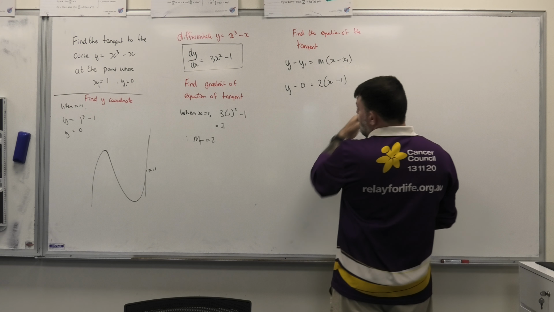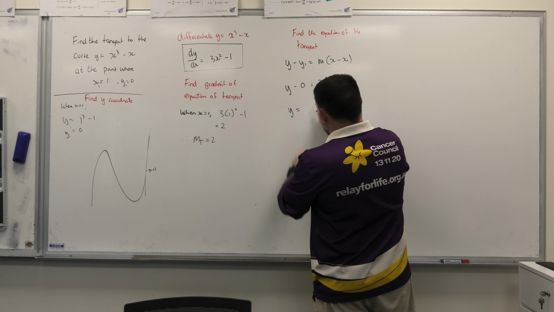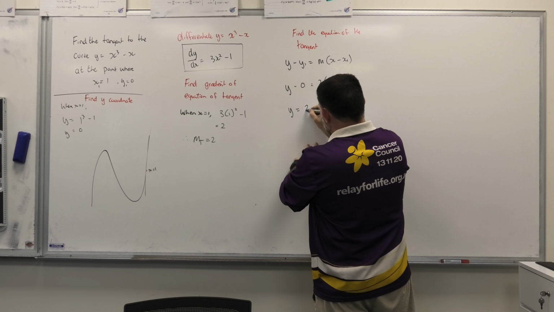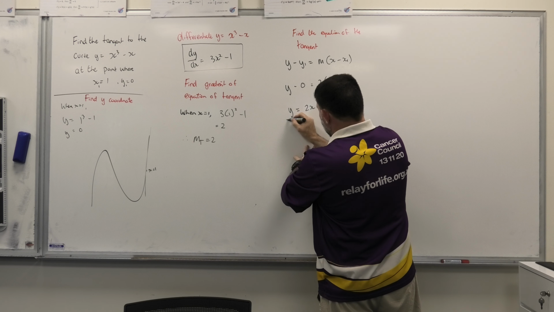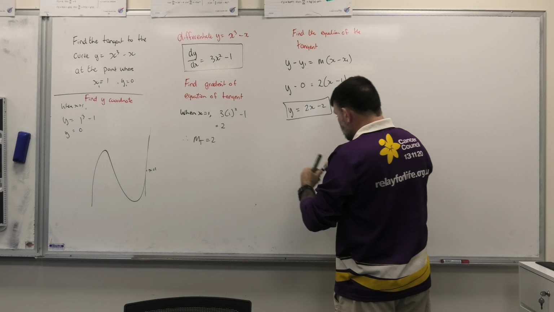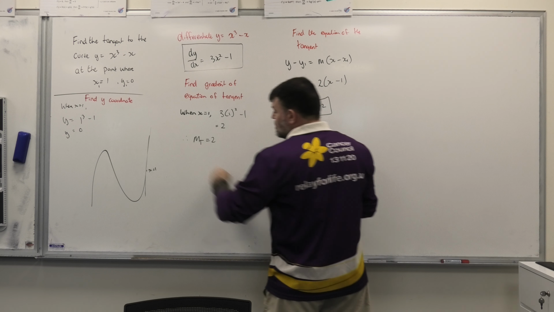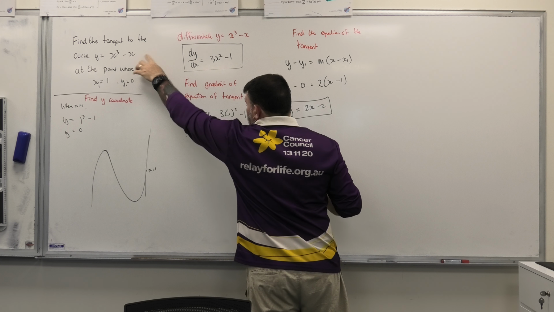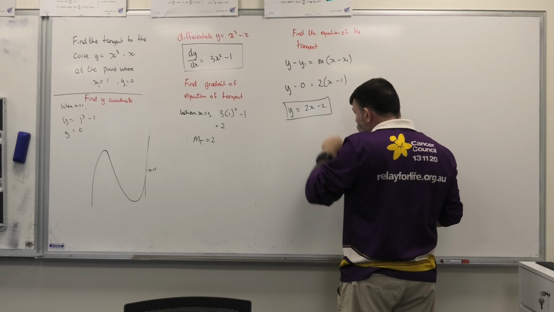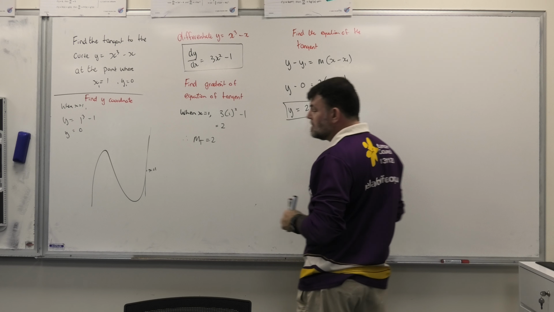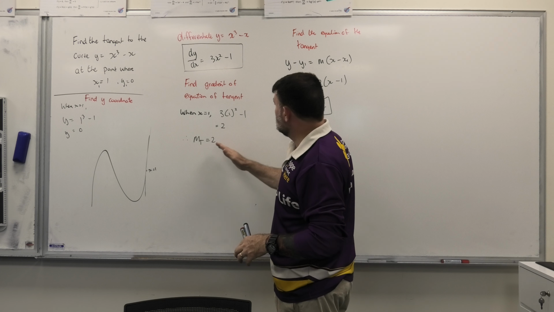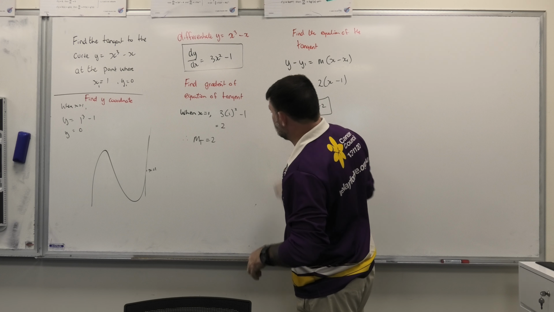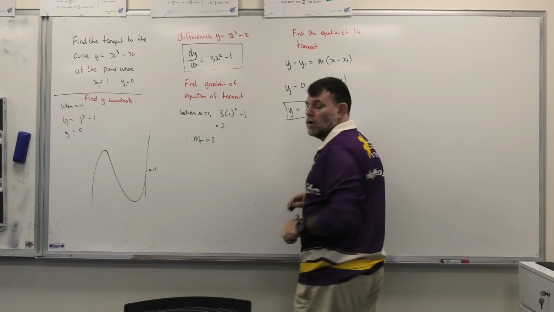Let's now just simplify it out. y is equal to, expand our brackets, 2x minus 2. So therefore, the equation of the tangent line that touches this graph at x equals 1 is y equals 2x minus 2. So we have to differentiate this first to work out the equation that touches it at the gradient of 2.